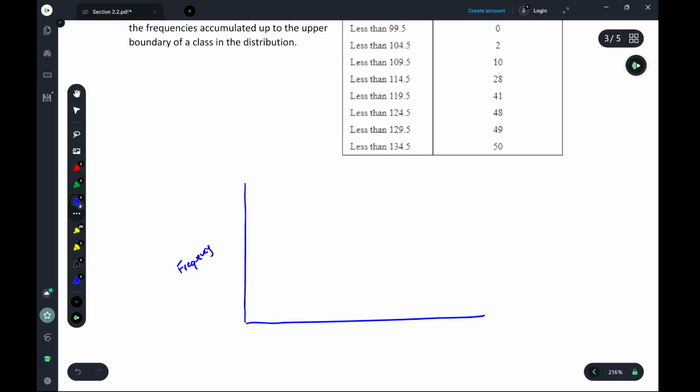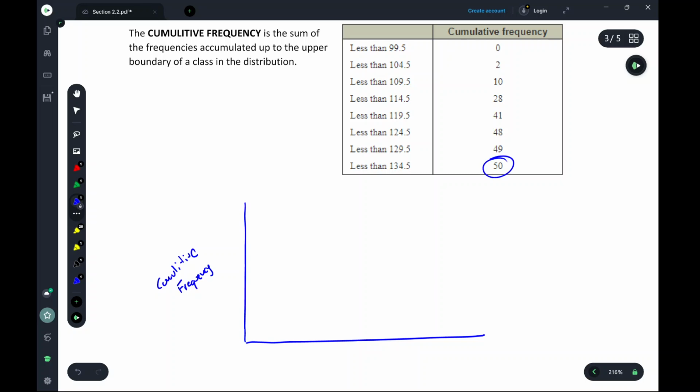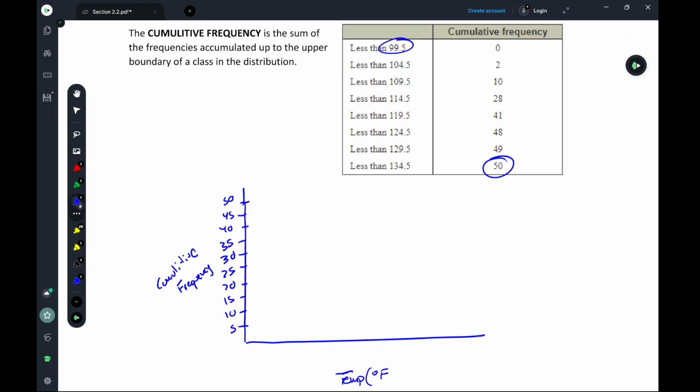Now we've got to be careful here because this is our cumulative frequency, and notice that my cumulative frequency goes up to 50. So I'm actually going to count by fives. 5, 10, 15, 20, 25, 30, 35, 40, 45, and 50. And then down here we still have temp in degrees Fahrenheit. But now I'm going to put all of these less than boundaries.